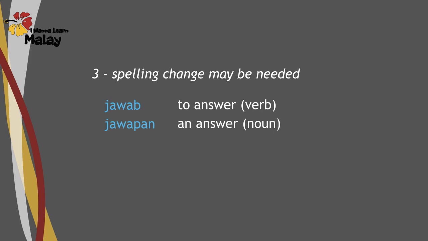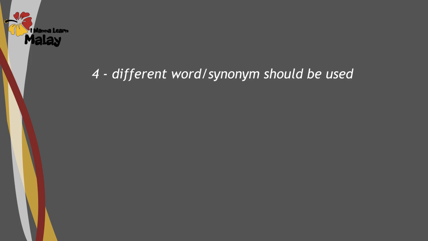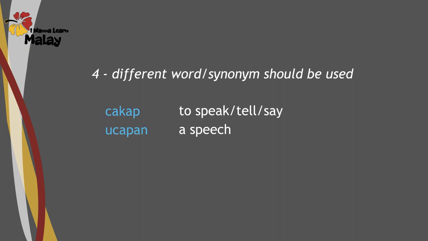Or to speak in Malay is cakap, but a speech is not cakapan. There's no such word as cakapan. A speech is actually ucapan. So ucap is a synonym of cakap. It's the same meaning, which is to speak.